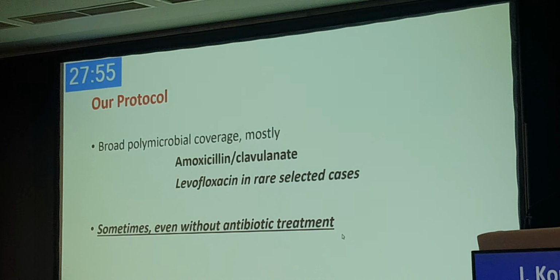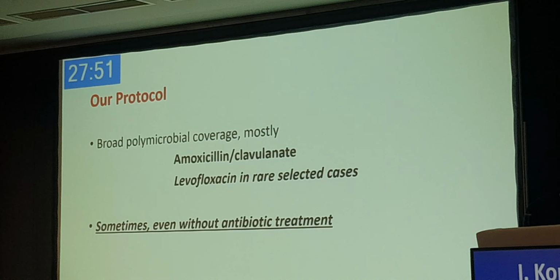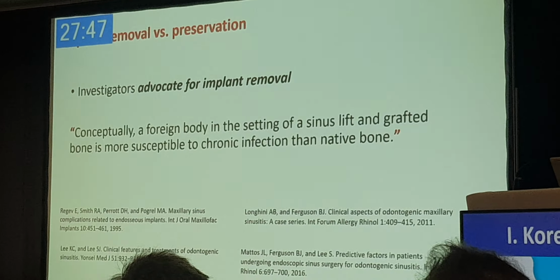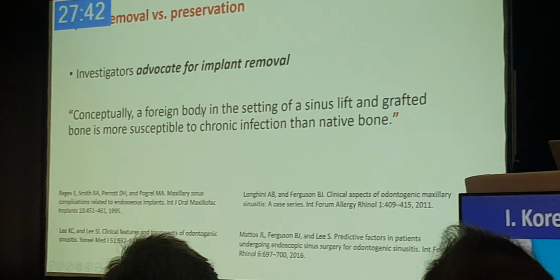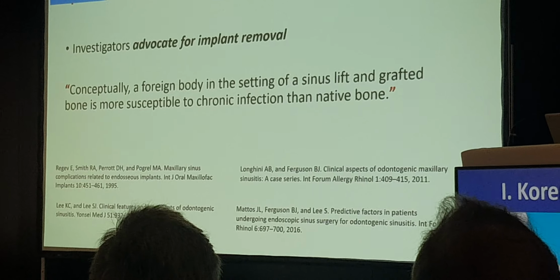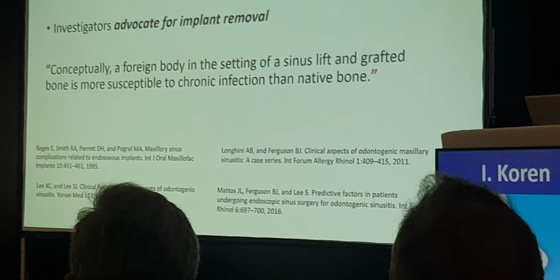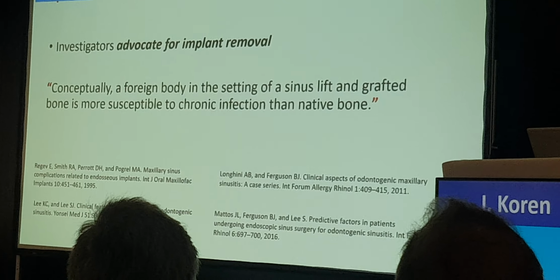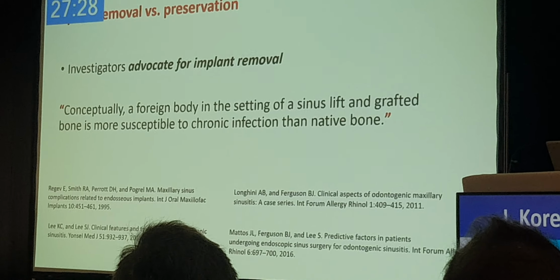About antibiotic treatment, Professor Soder said that we advocate the use of amoxicillin. Implant preservation, yes or no? Some literature advocates taking out all of the implants as foreign bodies causing the sinusitis, and they mention that if the foreign body is causing the sinusitis, the complications should be out.